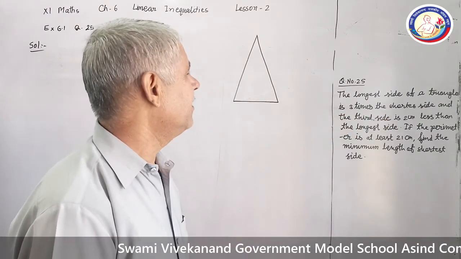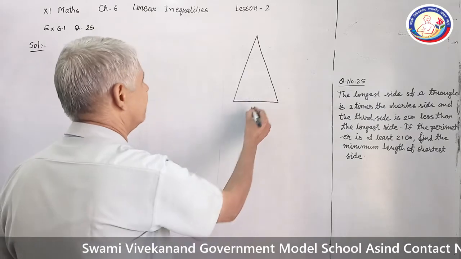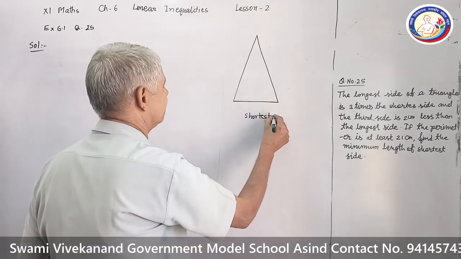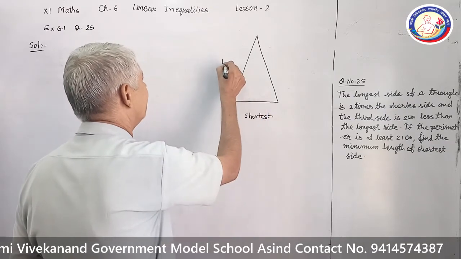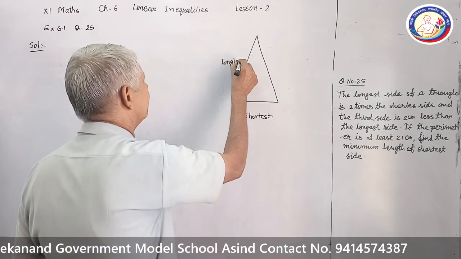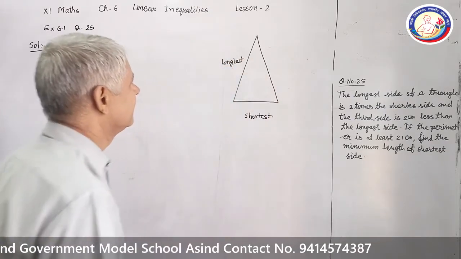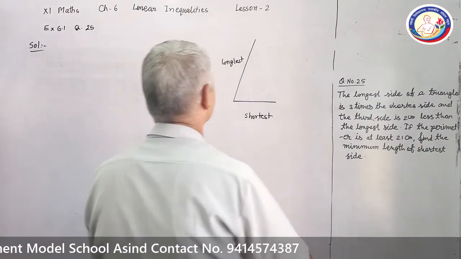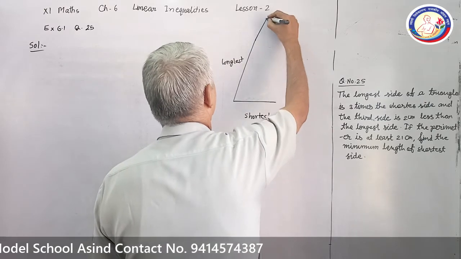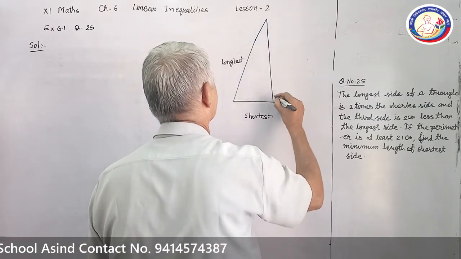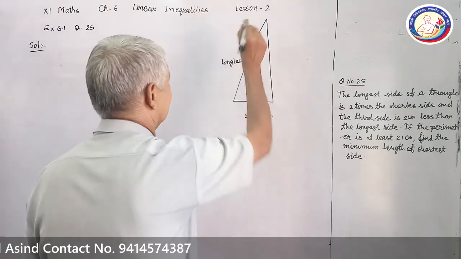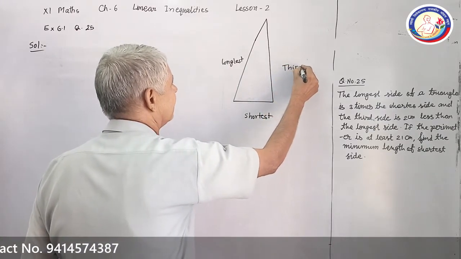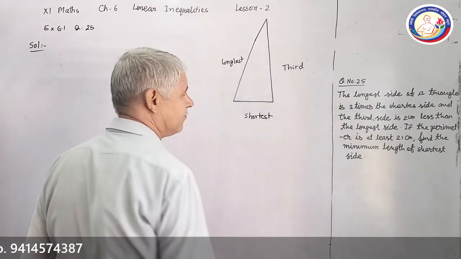So I am taking the shortest side. This is shortest, and this is longest. Say I am modifying this triangle some more. Say this is longest, and this is the third side as given in the problem.